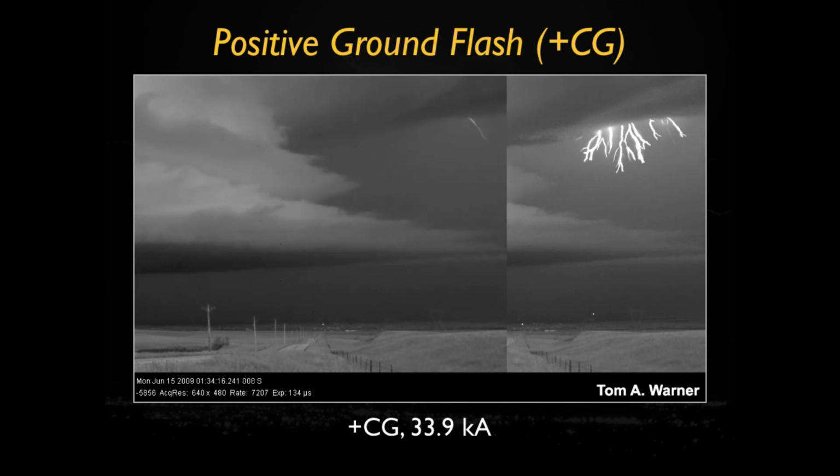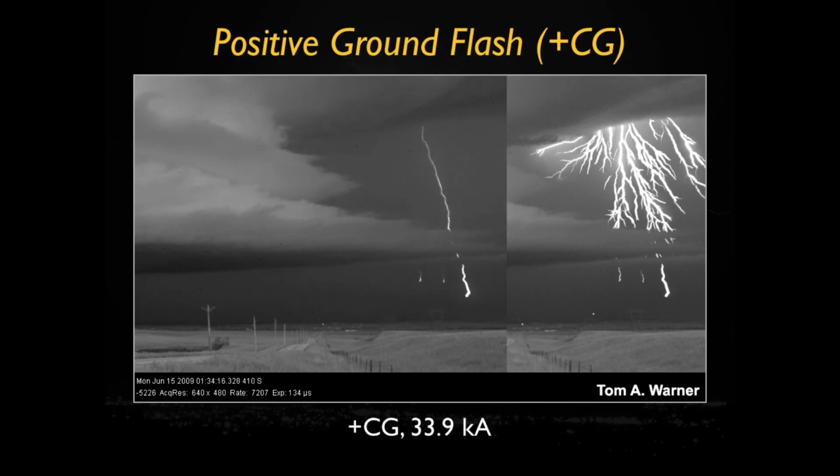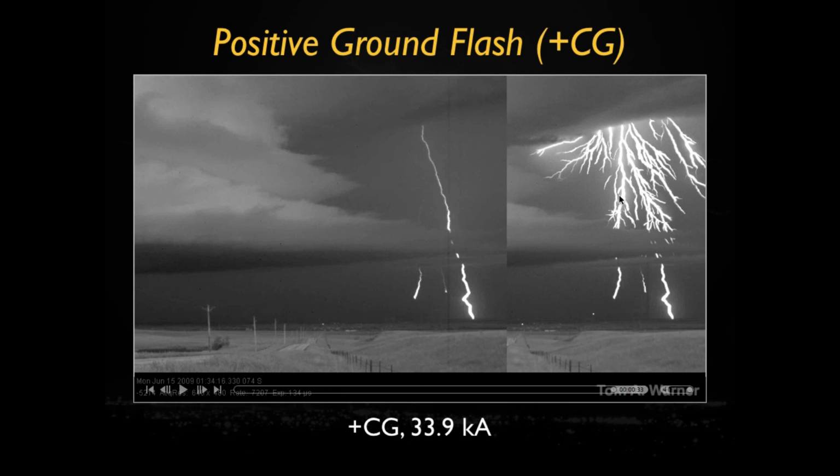Once the recoil leaders show up, they'll still be present on the right. You can barely see the recoil or the main leaders as they're propagating. And then as it approaches the ground, it brightens and accelerates just prior to the return stroke. So this is a very common pattern with positive cloud to ground flashes.